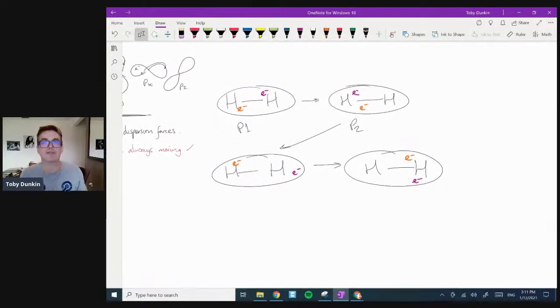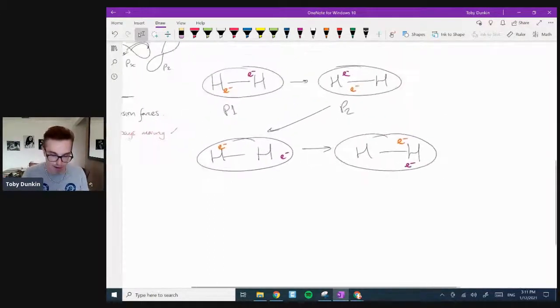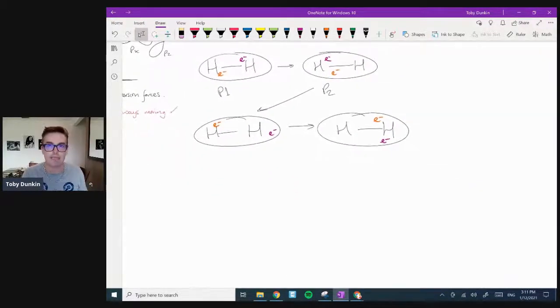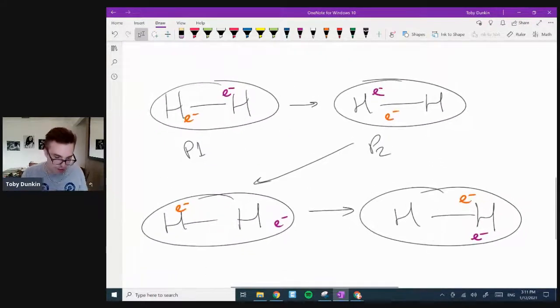Now, because the electrons are in motion all the time, they're constantly hopping left and right. Yeah, they're constantly moving around. What you realize is there are going to be 50% of the time when the electrons are evenly distributed, and another 50% of the time where it's not evenly distributed. So if we look at these four pictures, these ones are kind of opposite each other. So the polarity is now going to be said to be non-polar.